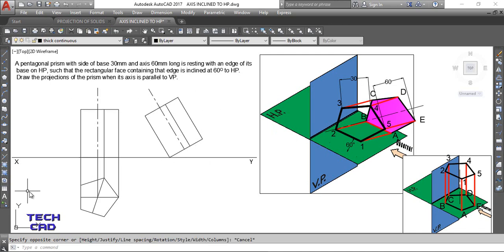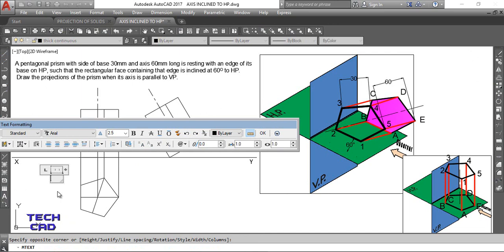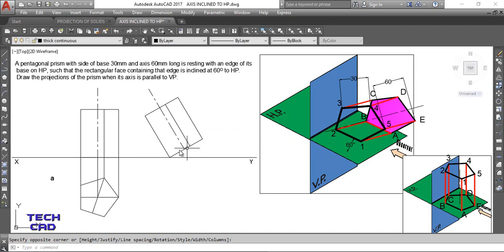So I make a nomenclature over here first, so you can understand better. Take a text command, and this is A. Increase its text height, make it 6. This is done. Now I take this one. Why? Because from the top view, this face 1, 2, 3, 4, 5 is first watchable from the top.